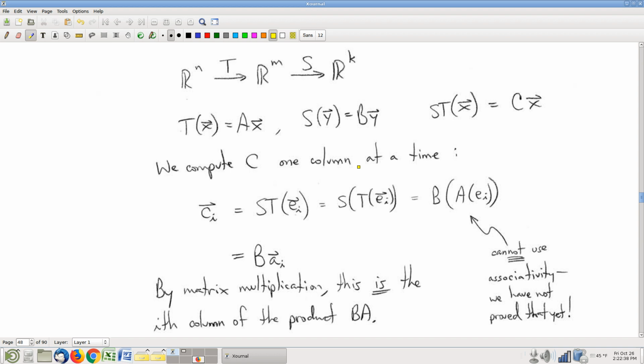But here's how you know this matrix, right? Keep in mind the columns of a matrix are the images of the standard basis vectors. We just got through talking about that. So this matrix, whatever it is, its columns are the images. Keep in mind it represents ST, the images of the standard basis vectors.